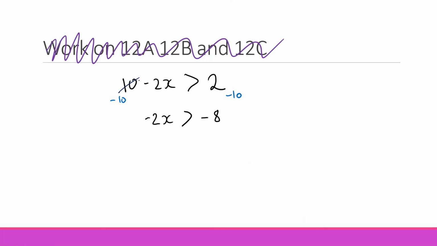So far, hopefully that makes sense. Now we're going to divide both sides by 2, which is going to give me negative x is greater than negative 4.